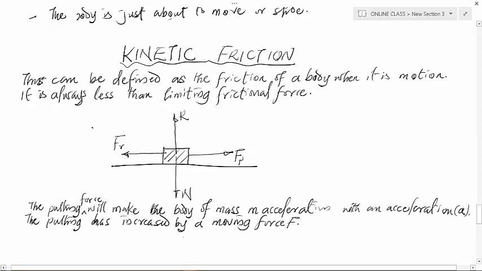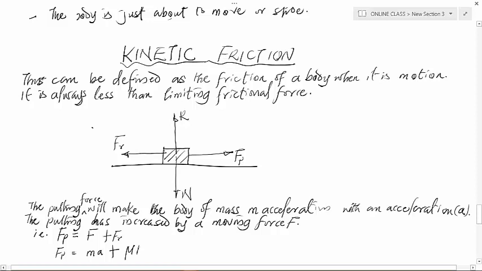So as a result, the pulling force is now equal to the moving force plus frictional force. Don't forget that the moving force is always mass times acceleration, while the frictional force is what?